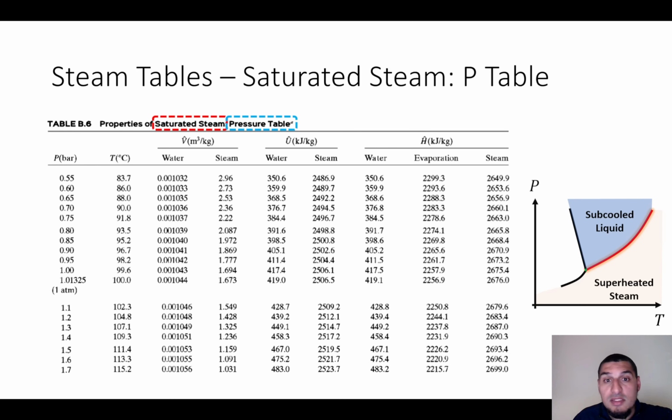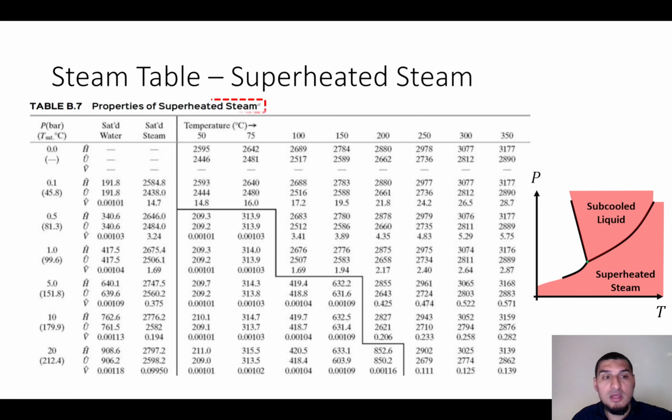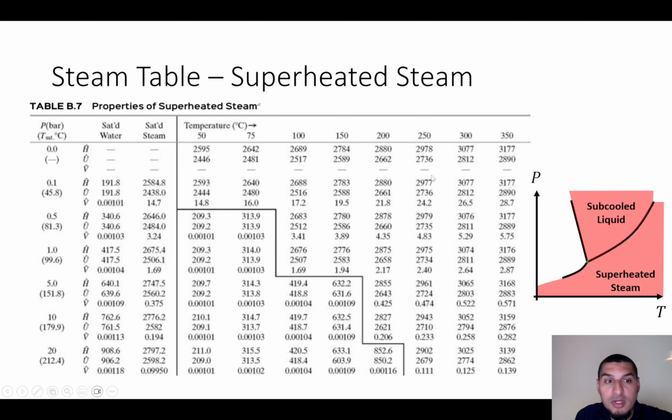The next table is called the properties of superheated steam, and when it says superheated steam, it means that it's concerned with this red region, subcooled liquid and superheated steam. So again, in previous tables we had saturated steam, and we see it means steam, liquid and vapor. The same here, it says superheated steam, and it is the non-saturated steam.